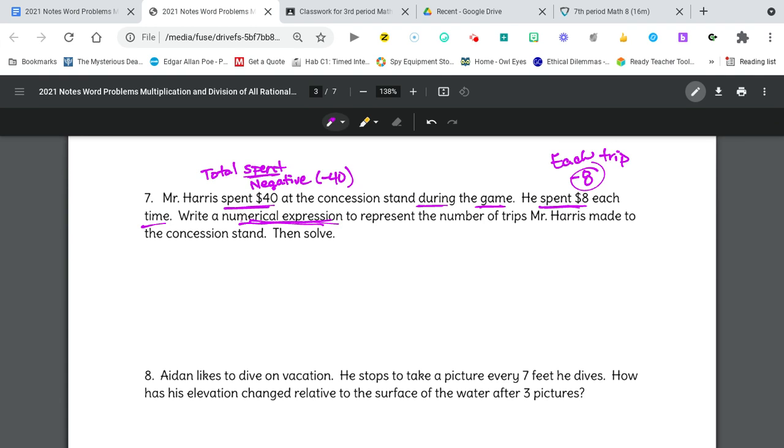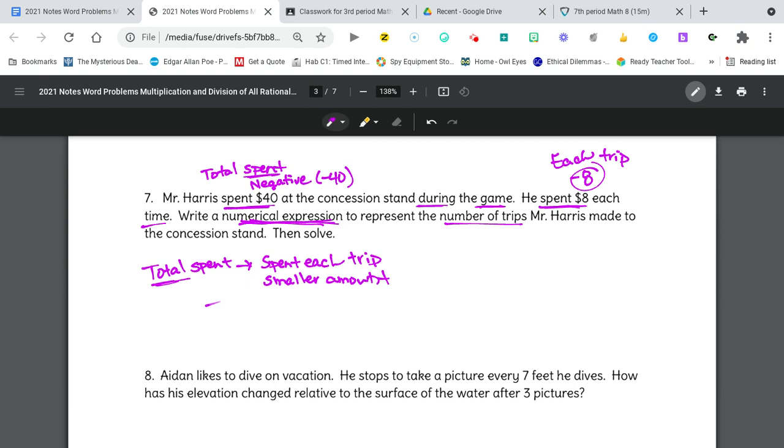Okay? It says, write a numerical expression to represent the number of trips he made. Well, I have his total spent. And I have what he spent each trip. But because I start off with the total, guys, and I go to a smaller amount, which is what he spent each trip, it's always going to work the same.